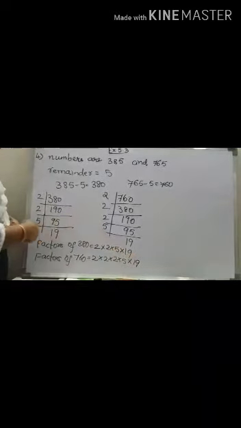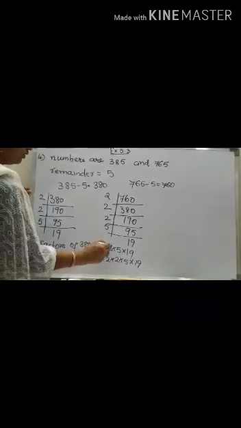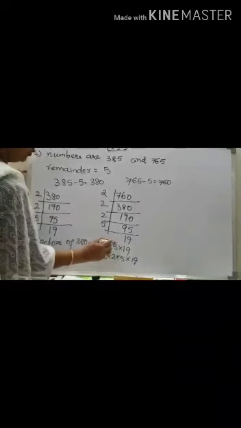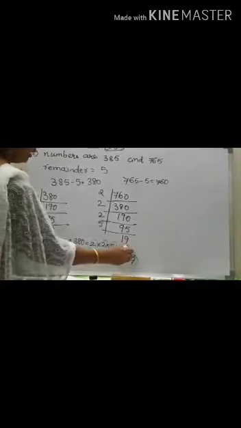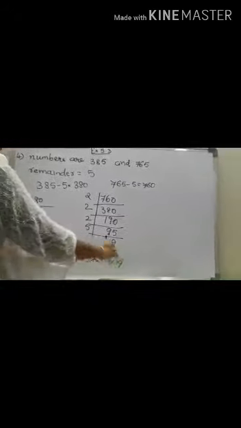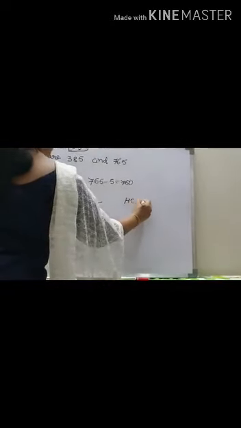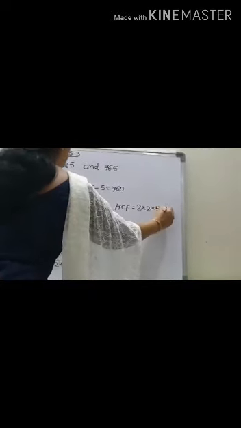Now the common factors: 2, 2. Now we don't have another 2, but we have 5 in both sets, and also 19. So HCF is equal to 2 into 2 into 5 into 19.